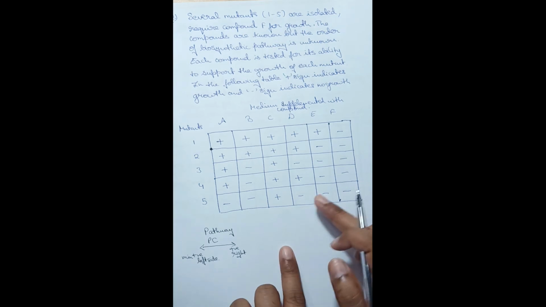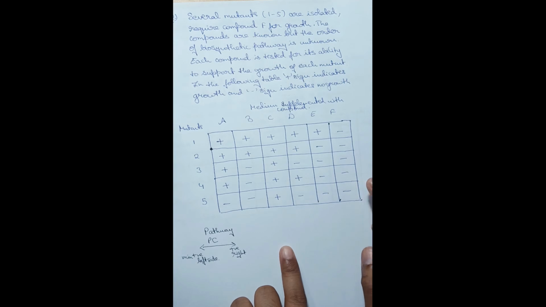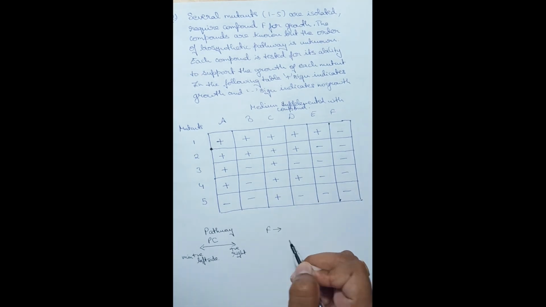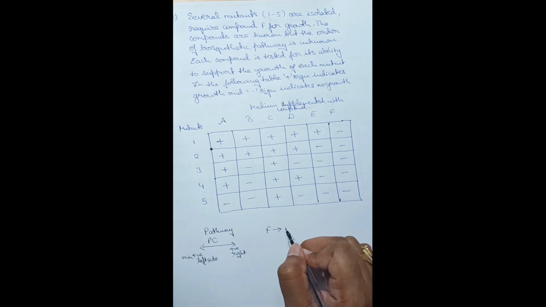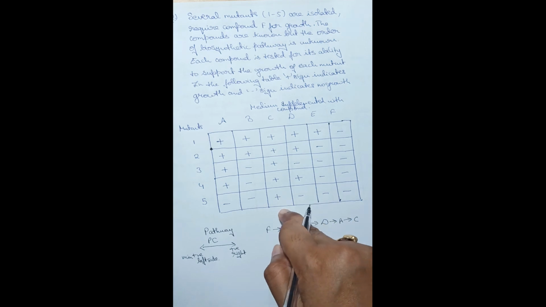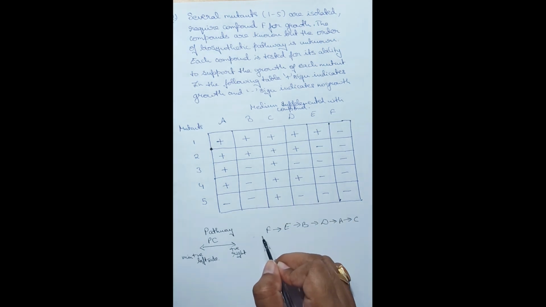So we have to look for the minimum positive signs, which is in F. So we'll start from F, after that E, then B, A, C. C contains the maximum number of positive signs. So this is our pathway.